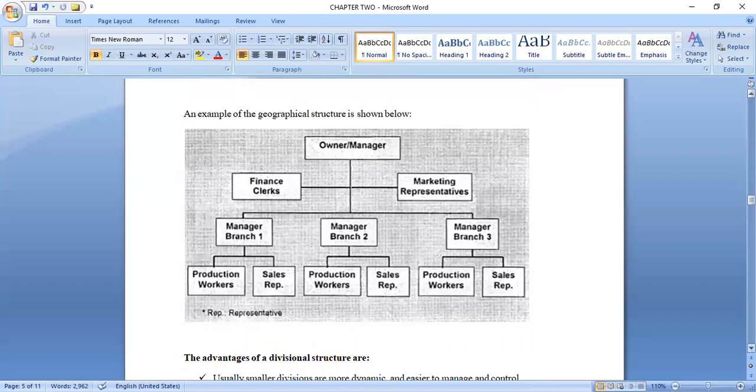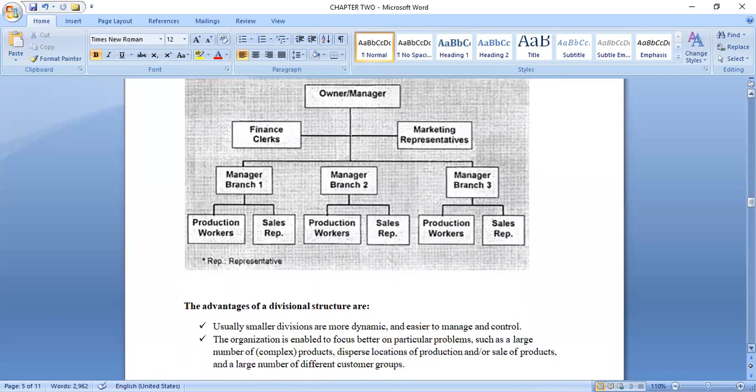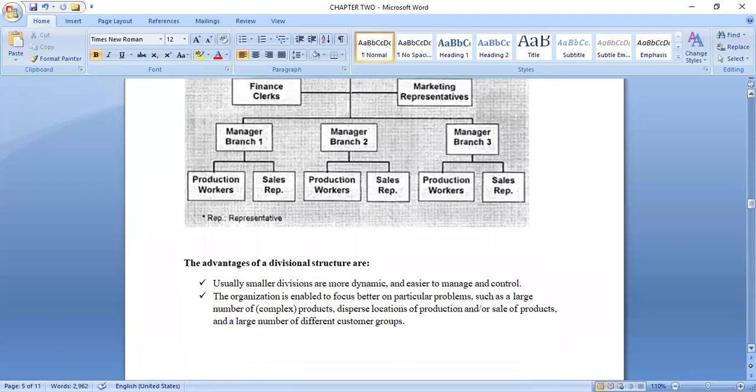For each branch we shall have a branch manager, and each branch, if it's in the manufacturing of products, for example, will have the production section and the sales section, where we shall have the sales representatives, right?